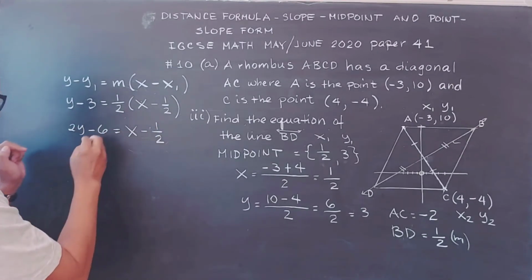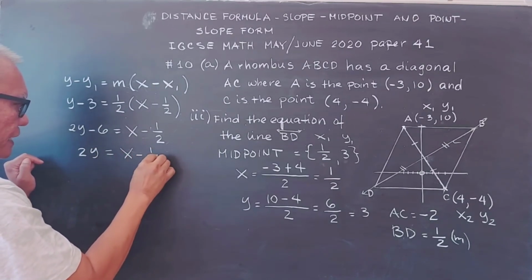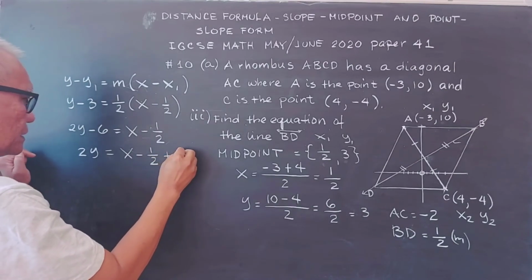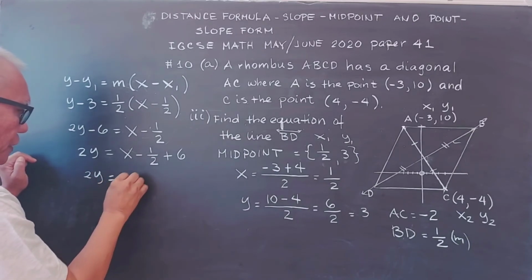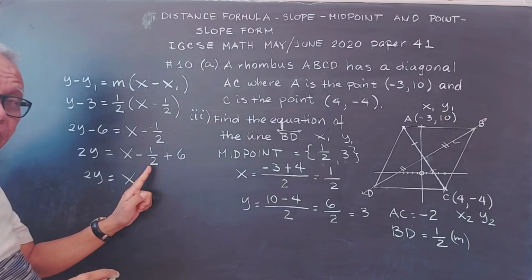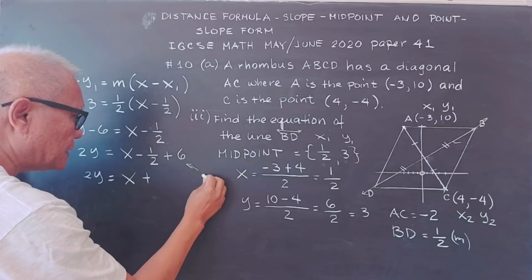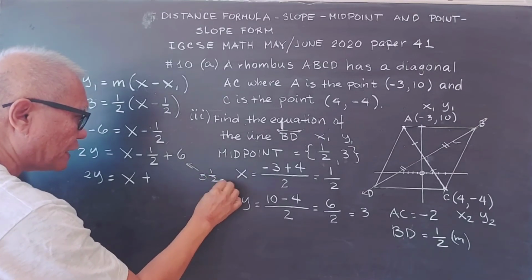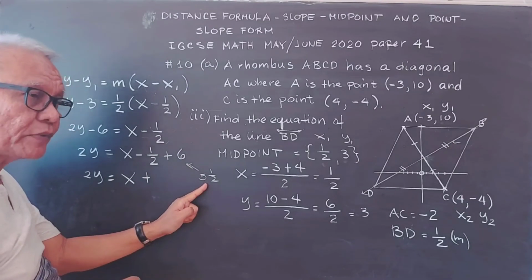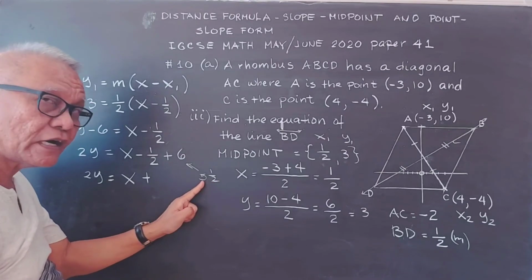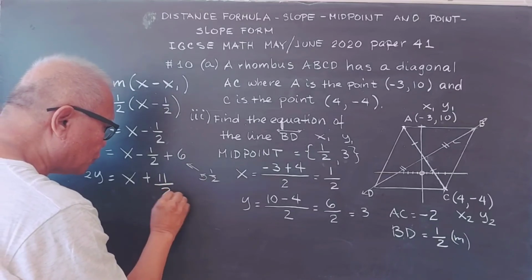Then transpose 6. So we have 2y is equal to x minus 1/2 plus 6. So we have 2y is equal to x, 6 minus 1/2 is positive 5 and 1/2. You subtract 1/2 from 6, it's 5 and a half. 5 and a half in improper fraction is 2 times 5, 10, plus 1 is 11 over 2.